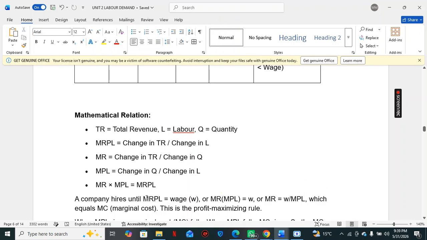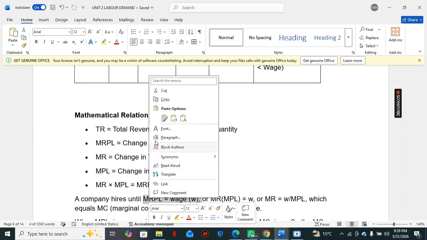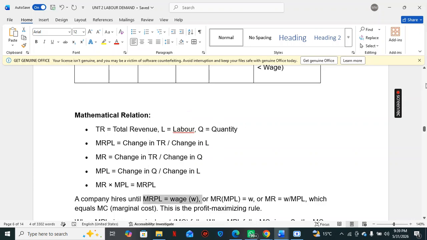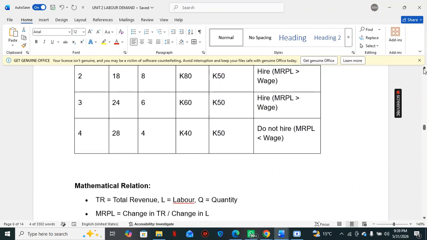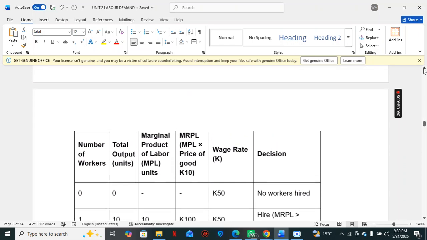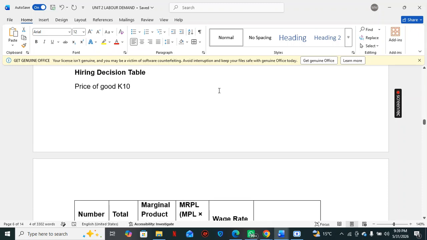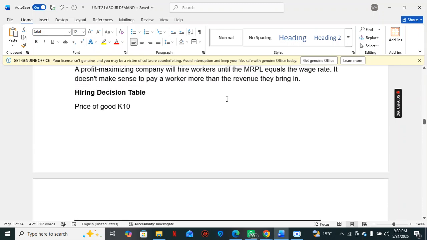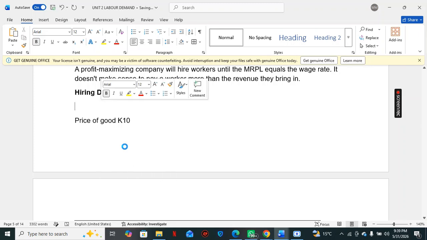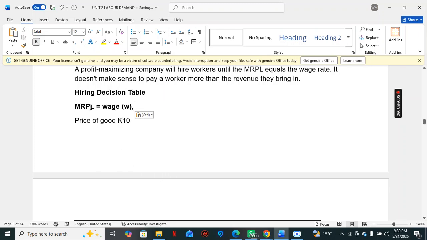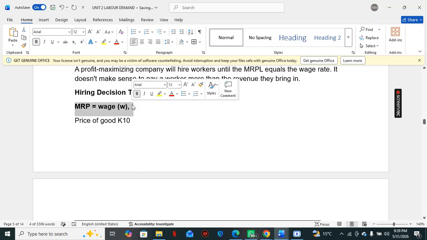Then another important thing is the hiring rule for deciding how many workers to hire. A company should stop hiring workers when the marginal revenue product equals the wage rate.